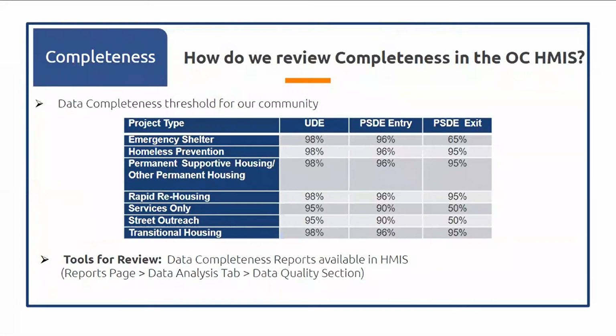So we have those 3 data element types. Notice that street outreach and services only projects have lower thresholds than the rest of the project types, and exit data has a lower threshold than the rest of the data element types. So it's important to consider that this is specified by each project type and also by what type of responses we are considering.